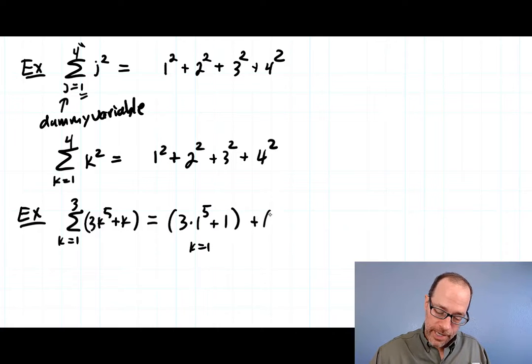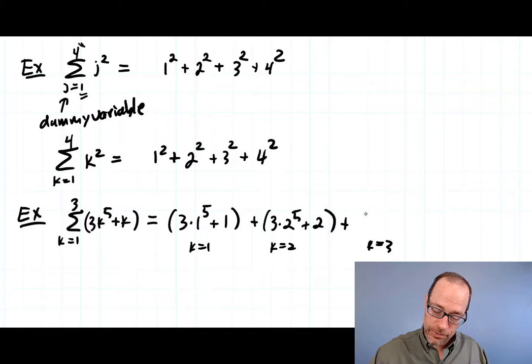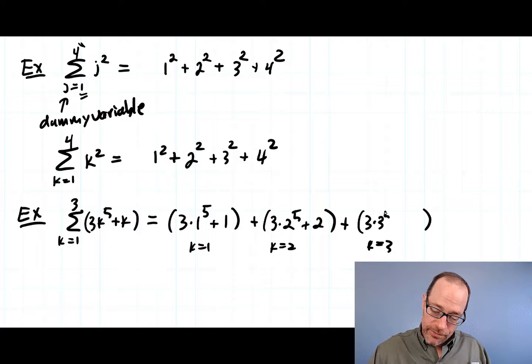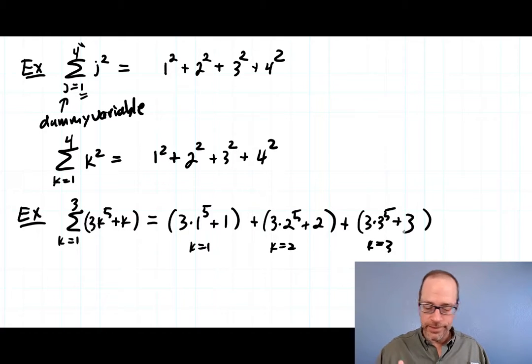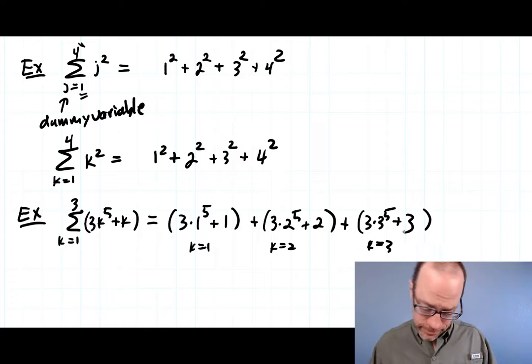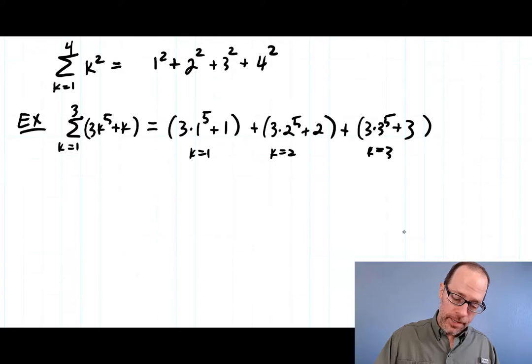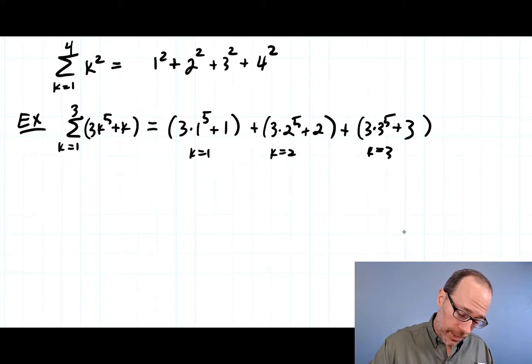Then k equals 2, you plug it in and add, so that would be 3 times 2 to the 5th plus 2. Then k equals 3, and we'll stop after that because that's the upper limit, so that's 3 times 3 to the 5th plus 3. You can add that on a calculator or by hand if you want and compress it, but that's all there is.